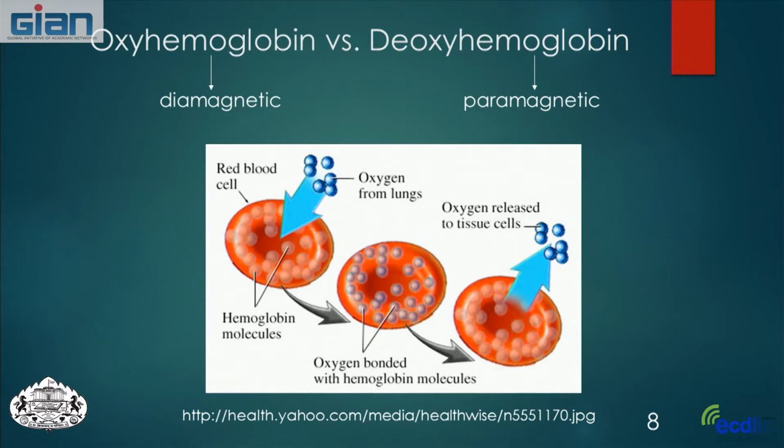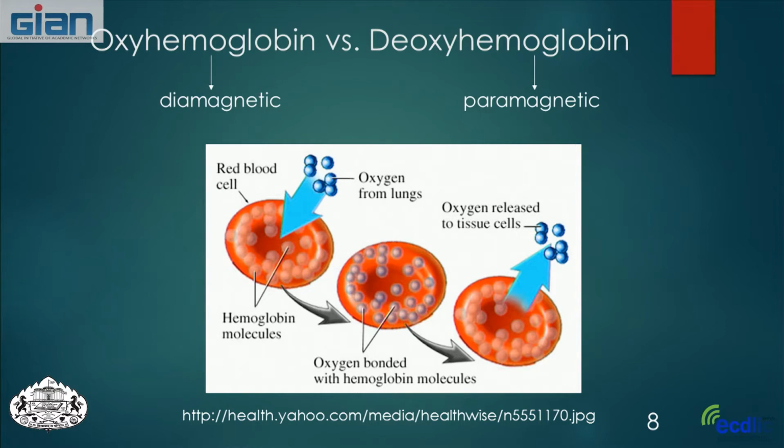Okay, so oxygenated hemoglobin versus deoxygenated hemoglobin. So we said that the deoxygenated levels of the blood change locally. Oxygenated hemoglobin, or oxyhemoglobin, is diamagnetic. So that means that it doesn't have any magnetic spin in the area where it's present, or the molecule itself doesn't have that.